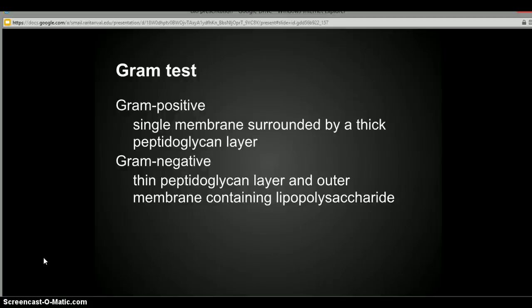So basically what this test is, if you are gram positive, then you have a very thick outer layer, and it's not likely to be broken down very easily. However, with gram negatives, you can see that the outer layers of it are very thin and very easy to see and break apart, pretty much.